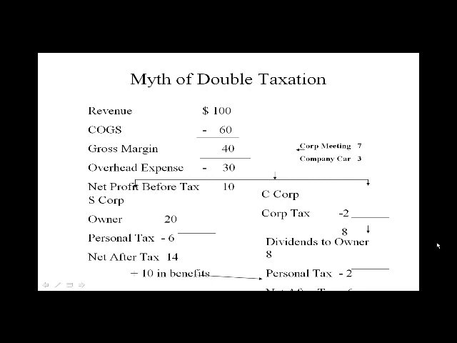It can also be a problem if you bring in outsiders, venture capitalists, angel investors that we're going to talk about next week, somebody who is not an insider in the company, but somebody who instead has just invested money and is looking for a return or profit on that investment, which is dividends.